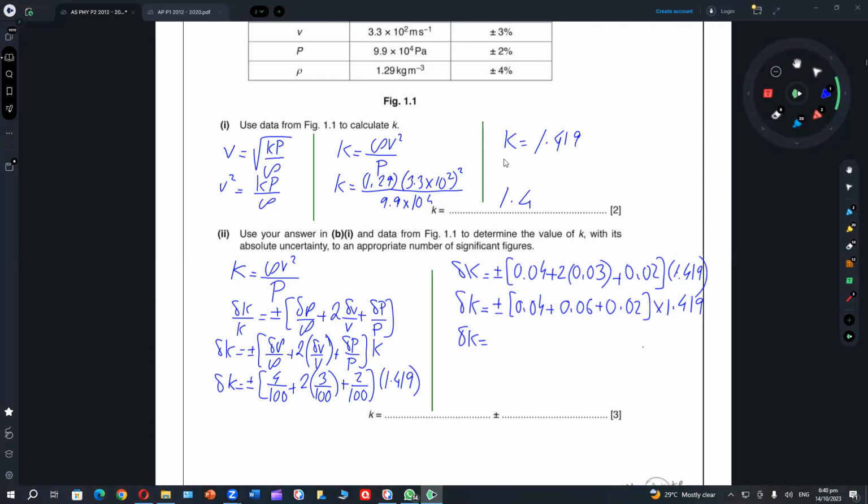I got another answer, but other people should also help me. 0.04 plus 0.06, it's 0.1, 0.12 into 1.419.